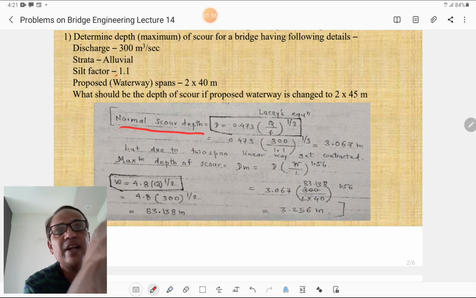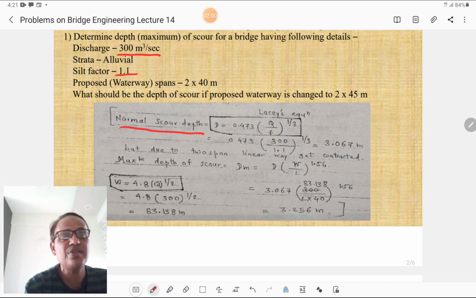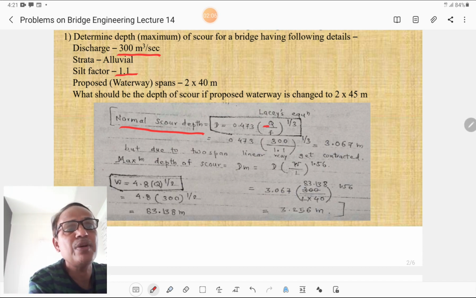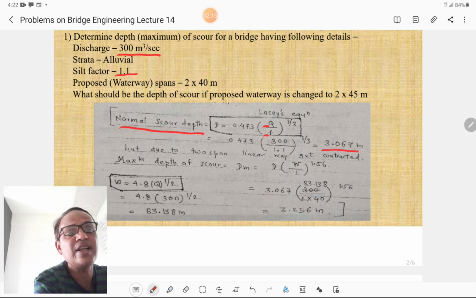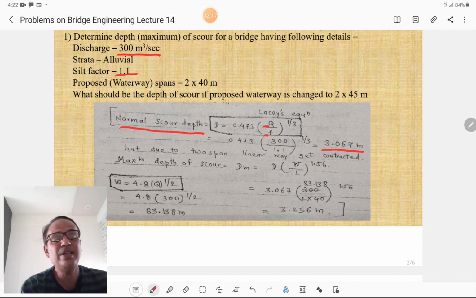F is silt factor 1.1, Q is 300 meter cube per second. By putting these values, we calculate the normal scour depth, and it is 3.067 meter. You must use the calculator to get these values, because calculator and its functions are very important to calculate such values.